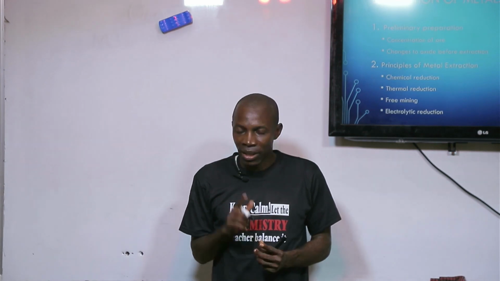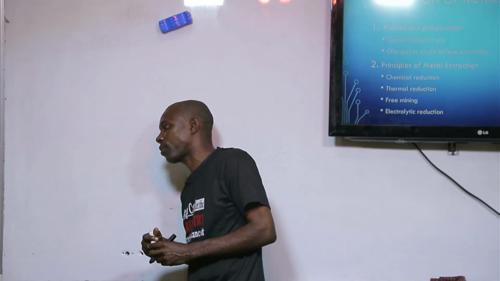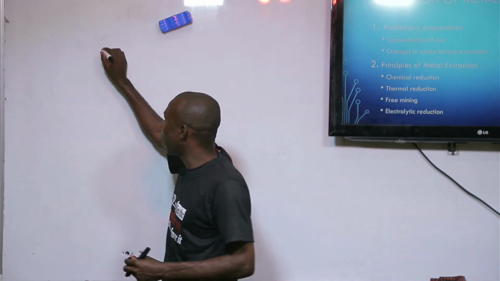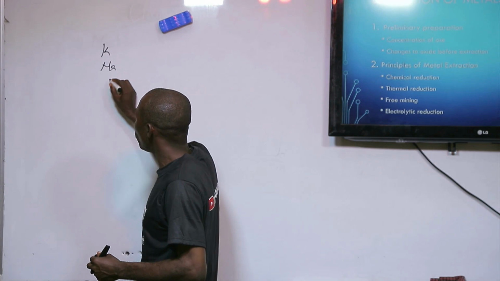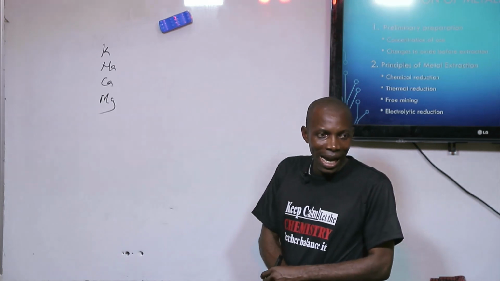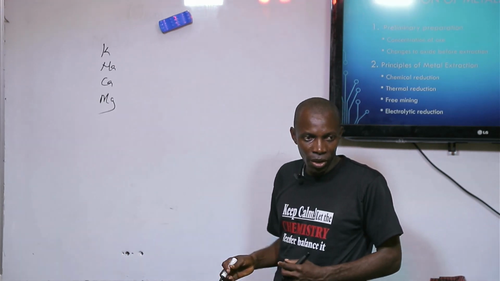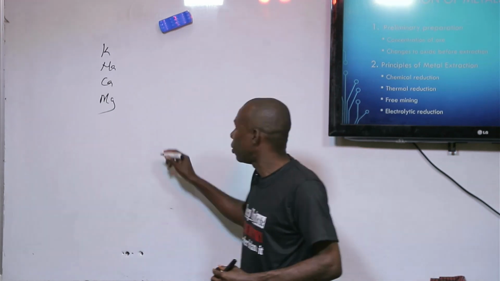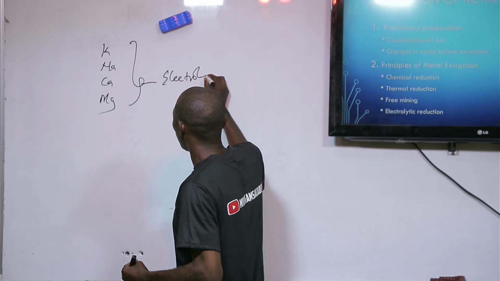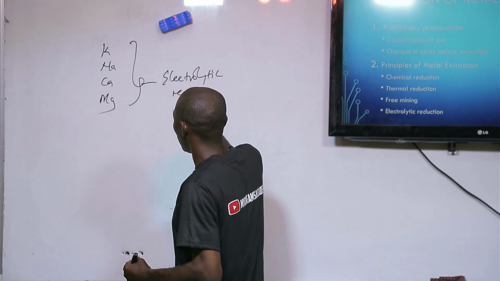The electrolytic reduction involves the extraction by electrolysis, where you see the transfer of what? Electrons, so that the metals can be what? Reduced and obtained. When you have potassium, you have sodium, you have calcium, you have what? Magnesium. These four are extracted by what? Electrolytic what? Reduction. You have these four extracted by electrolytic reduction because they are very what? Active.